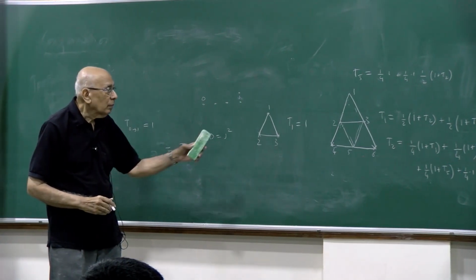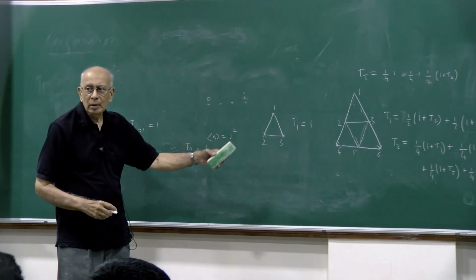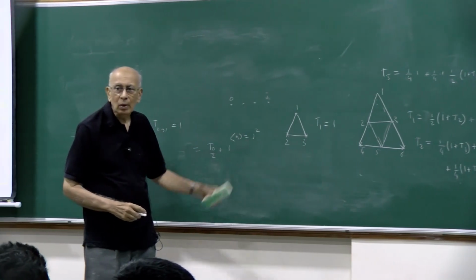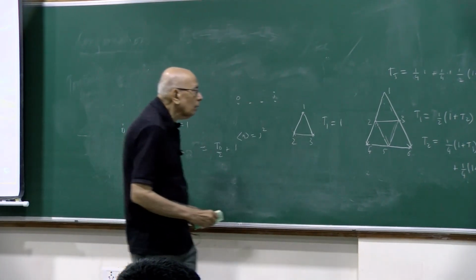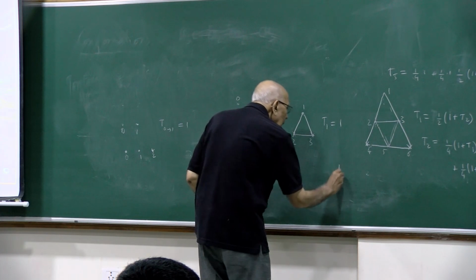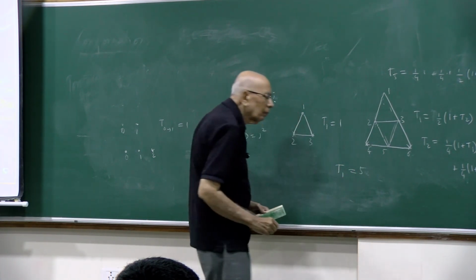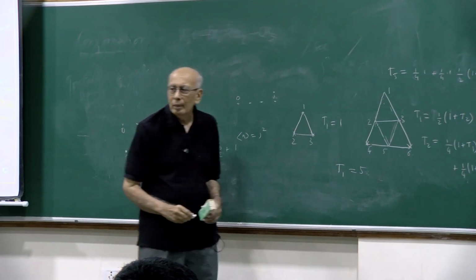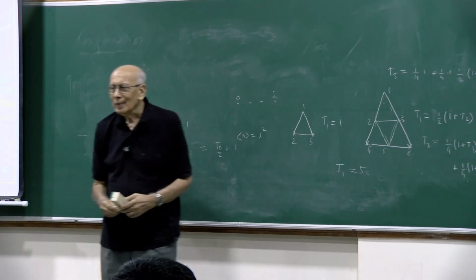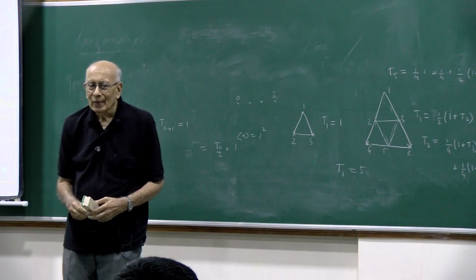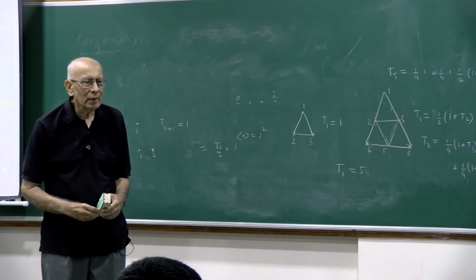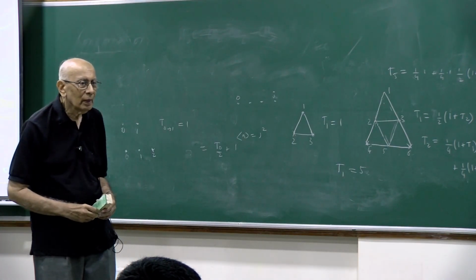In this problem, it's a simple set of algebraic equations which you can check and work out. It turns out that T1 is actually 5. So it takes 5 times as long to go twice as far on this fractal.